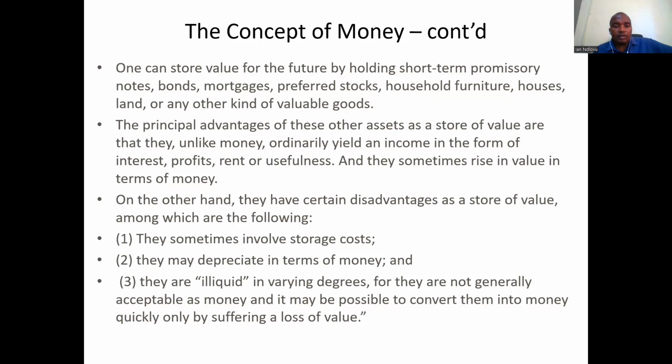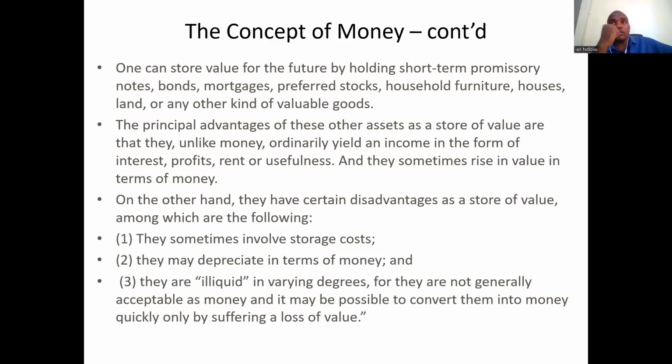When you look at physical commodities, when you are storing them, they tend to depreciate over time. New commodities can be introduced. So in monetary terms, they may depreciate, and they may be illiquid as well. You may discover that you are stuck with something which people no longer need in the future. A car which is out of date, or a television which is outdated, and so on and so forth.